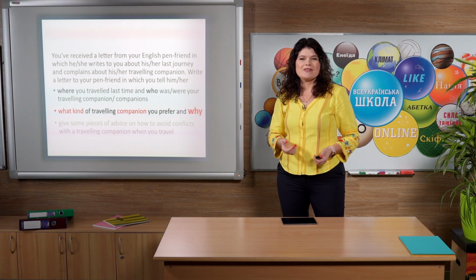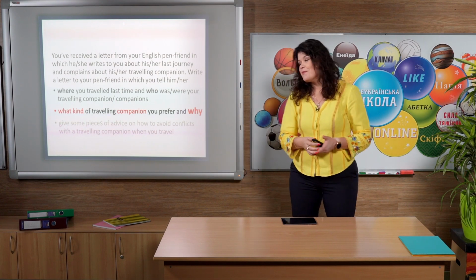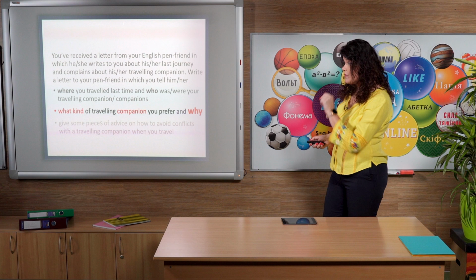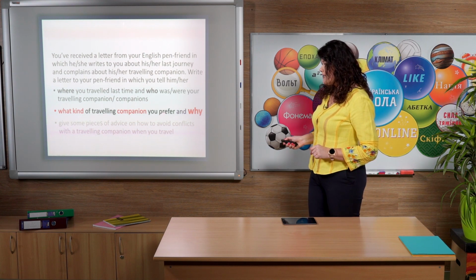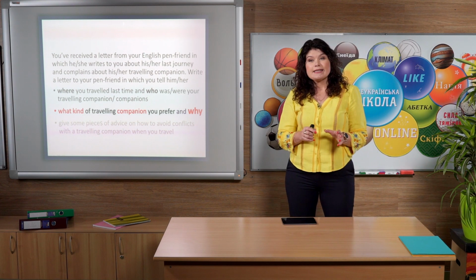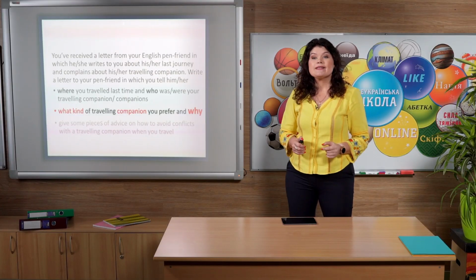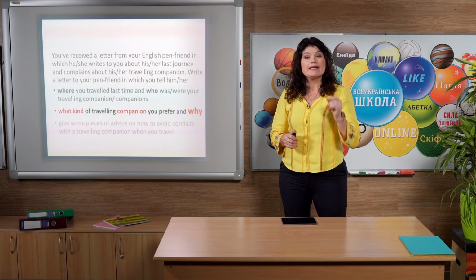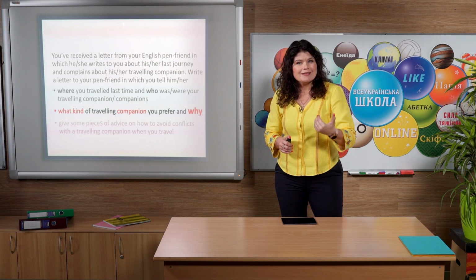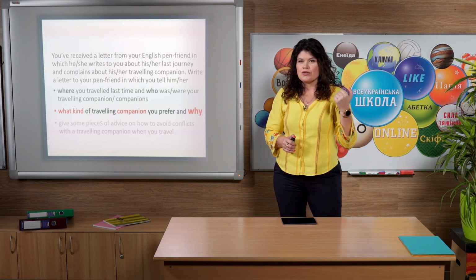Better to circle and to provide your reasons, right? Good. And pay attention to this idea. What kind of companion? Is it about appearance or character? About appearance, we ask a question, what does he look like? Right? In our case, what kind of person? It is about personal characteristics or features.